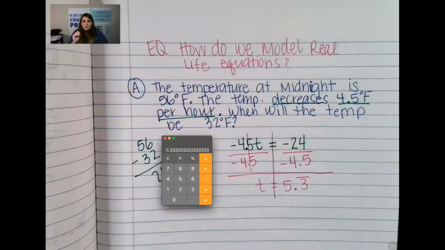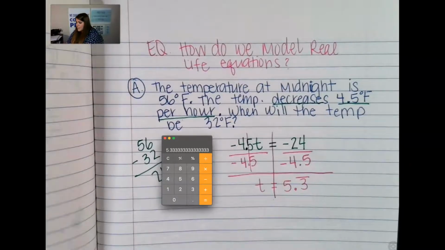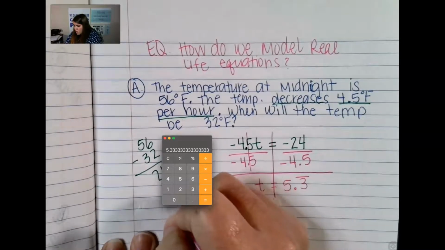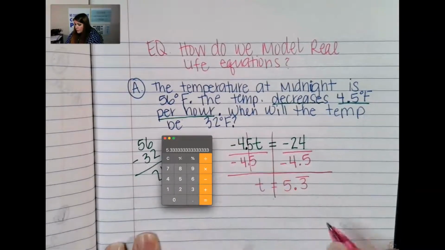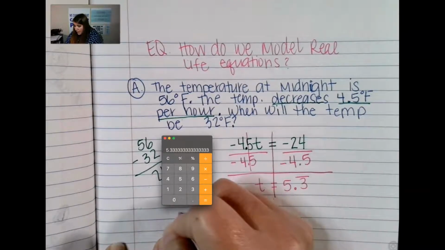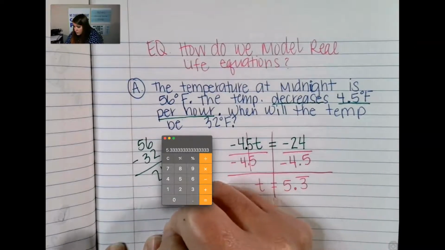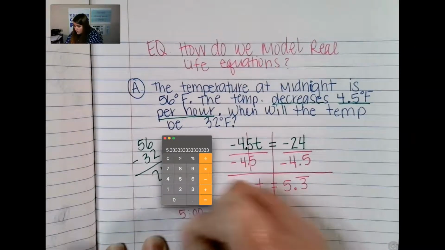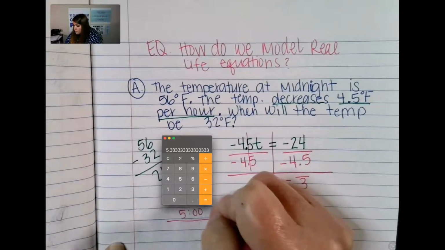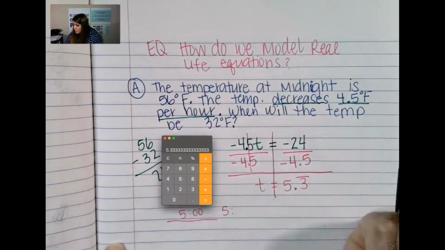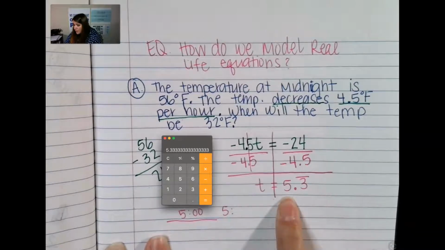Because you would add on your clock from midnight, so from 12 o'clock a.m. to 5 hours, so 12 to 5. So it's 5 a.m. because that's 5 hours later.